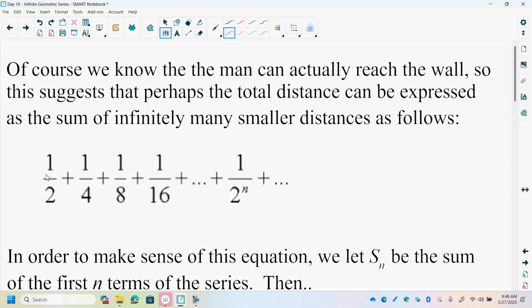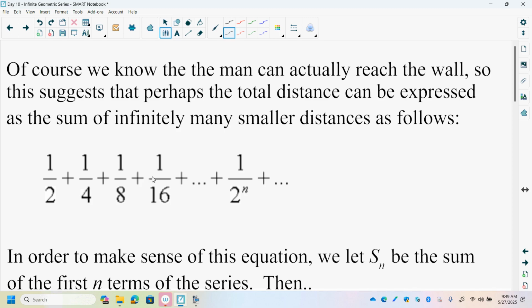A mile, a kilometer, whatever. He walked half the distance. And then he walked half of what remains. What's half of a half? Then he walks half of what remains again. What's half of a quarter? An eighth, and then a 16th, and then a 32nd, and then a 64th, and then 1/128, and so on and so forth.